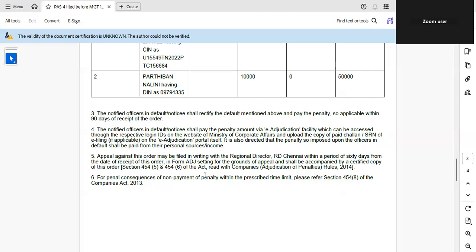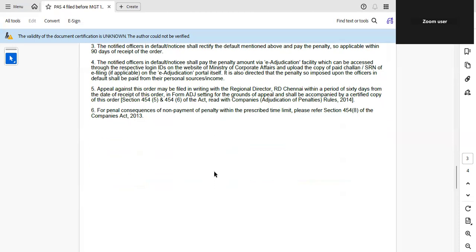This order teaches several important compliance lessons. Always follow the legal order: first board meeting, then special resolution, then file MGT 14, then issue PAS 4. Receive application money, file PAS 3. If PAS 4 is issued before MGT 14 filing, it becomes non-compliant.